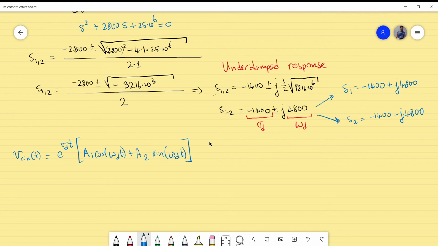So if I now fill in what I have, the natural response will be e to the power minus 1400t, and then a1 times the cosine of 4800t, plus a2 sine 4800t.